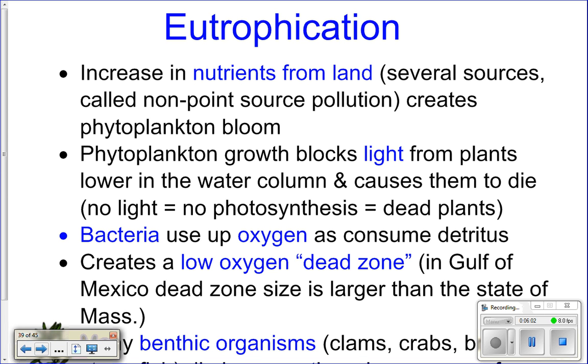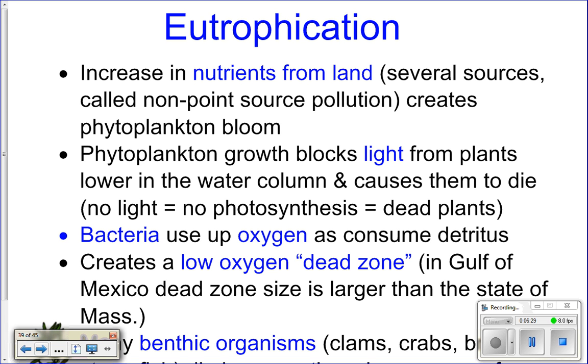So remember, rivers are running into the ocean, and rivers drain areas of land. And when they drain areas of land, they're going to be carrying all sorts of things down into the ocean. And the estuaries stand in between the ocean and the rivers. So what happens is, as these rivers run into the ocean, they're carrying nutrients.